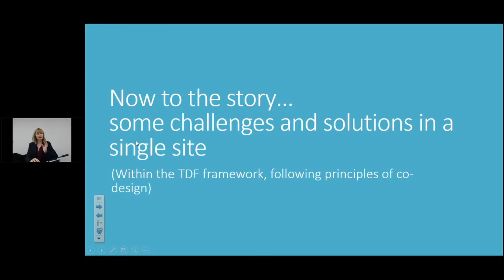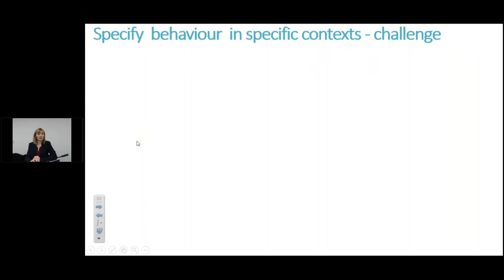All right, so again, following that kind of framework and coming from the perspective of trying to co-design interventions from the start with the people who are going to be using them, here's what happened. And I've tried to be a little bit warts and all, so hopefully you find that helpful.